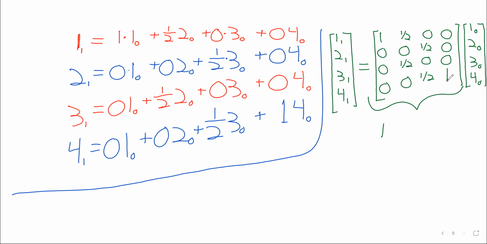And this matrix gets a name. It's called the transition matrix. And of course, there's nothing magical about this random walk that let me create a transition matrix for it and only it.